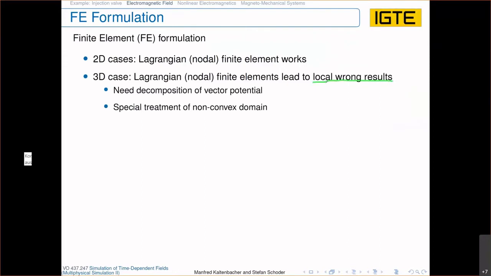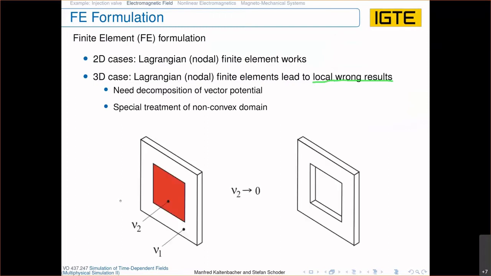And as an illustration, I will show you what can happen in this sense. If you look at such a domain where we have two different ferromagnetic materials, and in this domain, for example, in this red domain, the reluctivity is going to 0, which means you have a very high permeability. Since this reluctivity scales our curl-curl operator, it would mean in the limit going to 0 that this domain can be excluded.